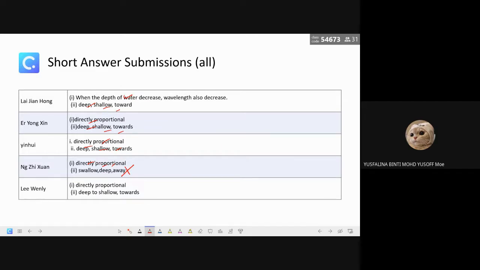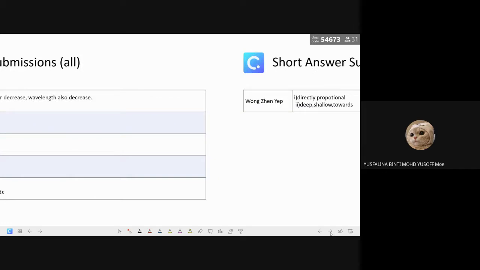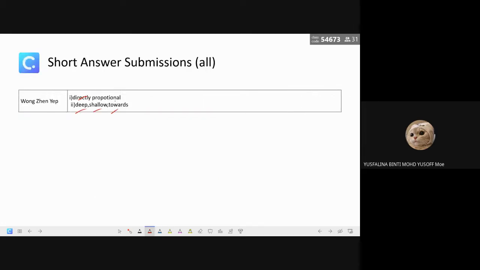Away, if the wave travels from the denser to the less dense medium. This one you start from shallow. Okay, I got it. Yeah, correct. Very good. This one, deep to shallow, towards. All right, give me some time to check the answers in the chat. Deep, shallow. Shallow, deep, away. Okay, correct.